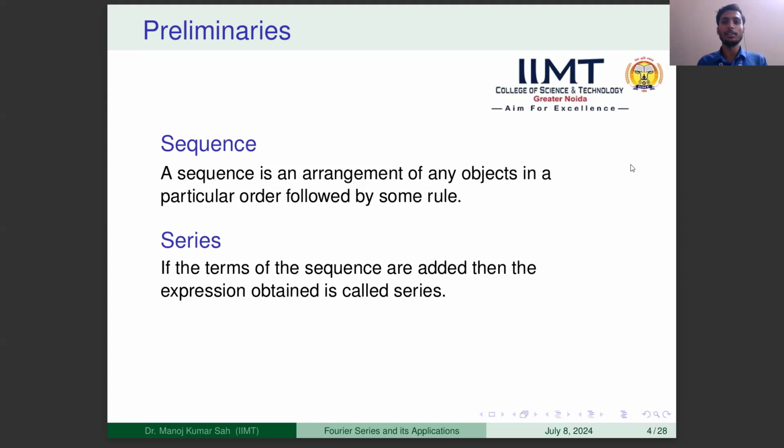There is some pattern which is followed by some rule. Therefore, you are able to say this is a sequence. Now, series. If the terms of the sequence are added, then the expression obtained is called a series.